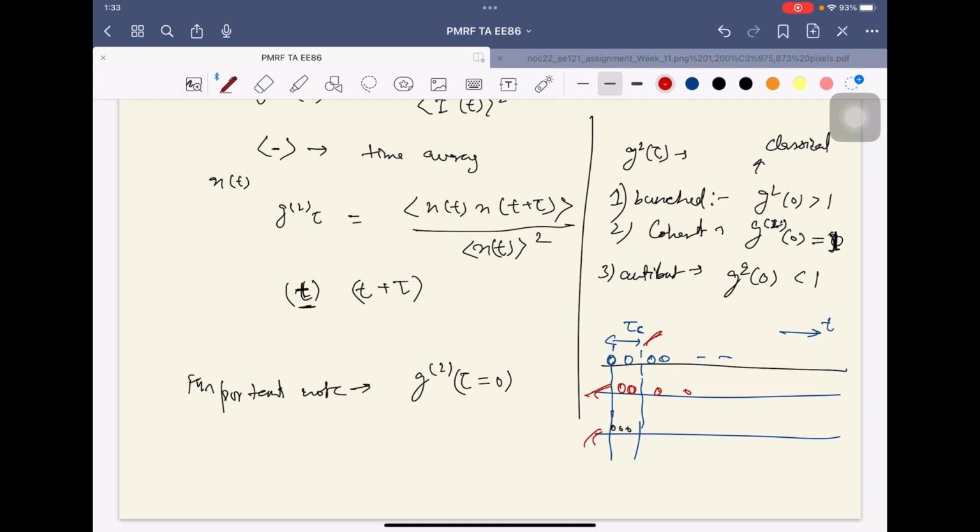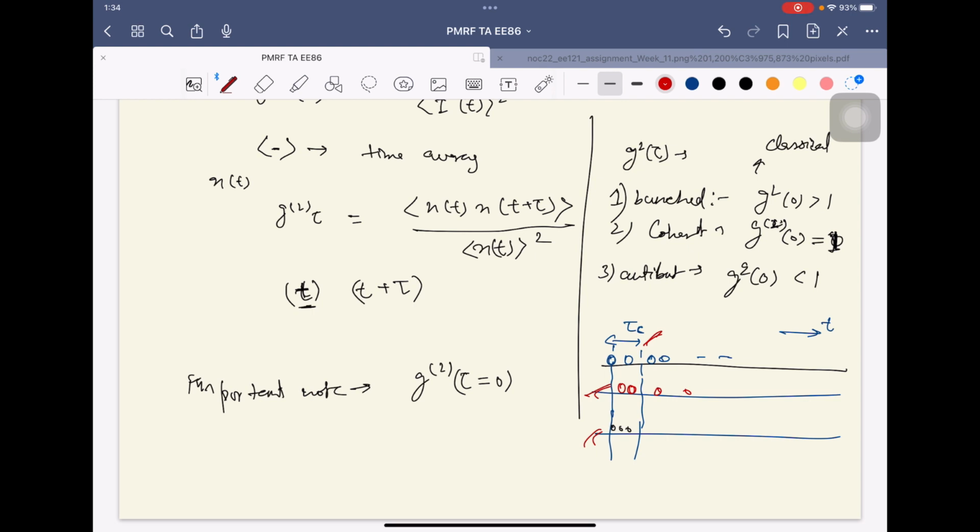For coherent light, like that produced by a laser, the number of photon counts is proportional to the intensity, which in the simple scenario considered here is constant over time. So the number of counts at time t and t plus tau are uncorrelated. Hence g2(tau) will be 1 for any tau value.